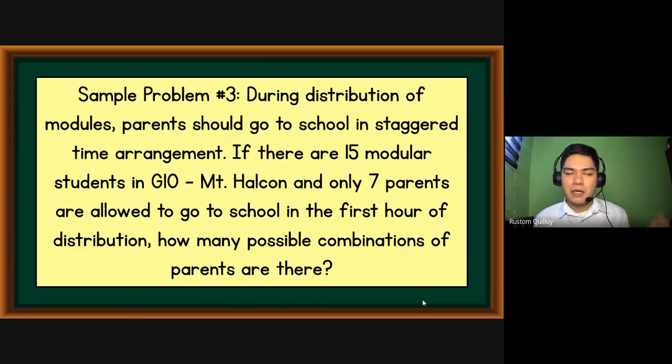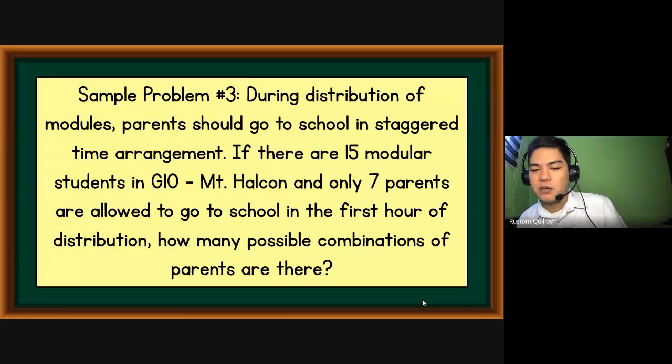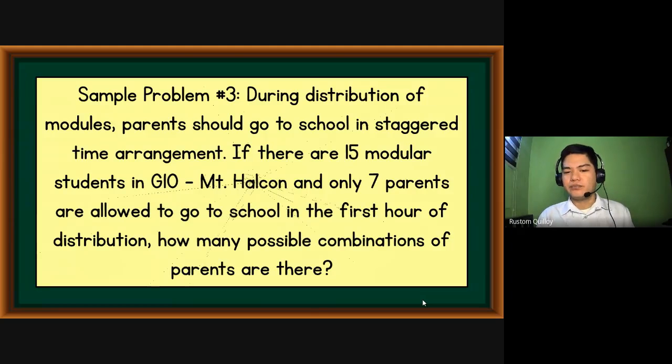The problem says that during module distribution, parents cannot all go to school at the same time, so they go by schedule. Assume there are 15 modular students and only 7 parents can go in the first hour. How many possible combinations of parents are there?